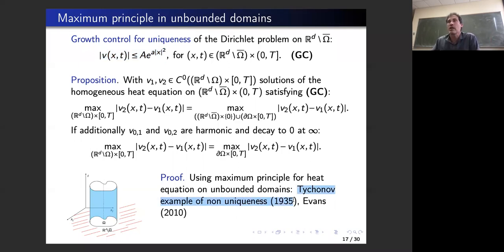Even in one dimension, you can construct solutions: one solution that grows faster than a Gaussian, and another zero. They have exactly the same initial condition, but you cannot tell them apart. So the heat equation does not have a unique solution in that sense, unless you include some condition like this.